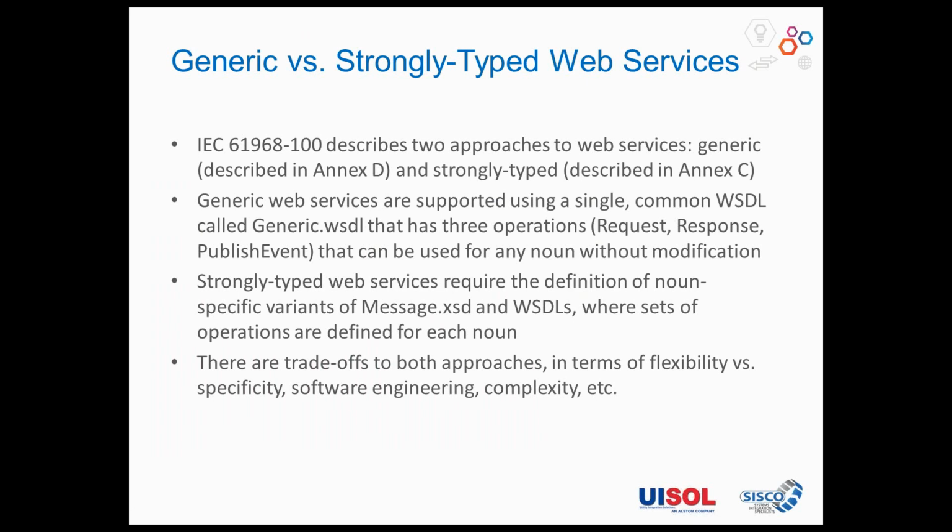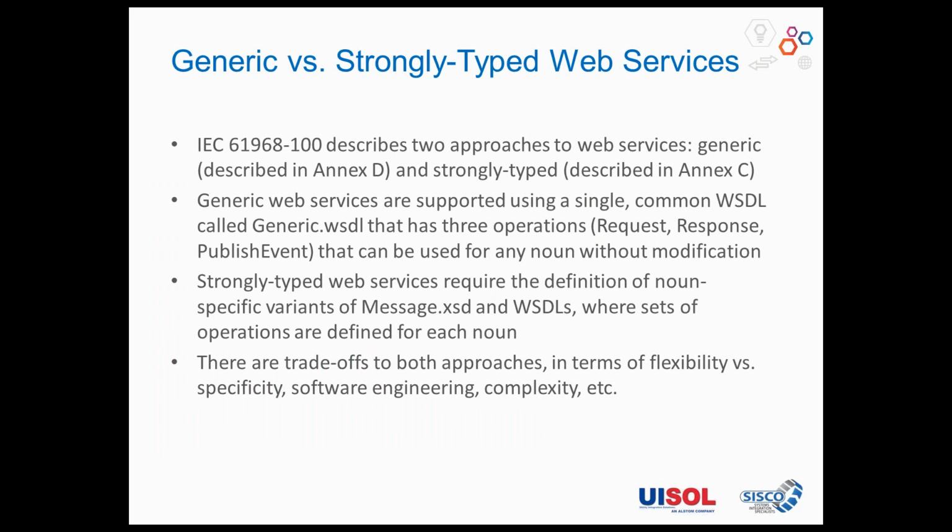I will tell you that if you end up with 1,000 WSDLs out there that you have to maintain and you're the IT department, you better start hiring. You're going to die on the vine if you don't have enough people. So maybe you want to do some of each. Maybe you want to limit the number of strongly typed web services you have to only those things that you absolutely need that type of integration for, and use generic where possible.